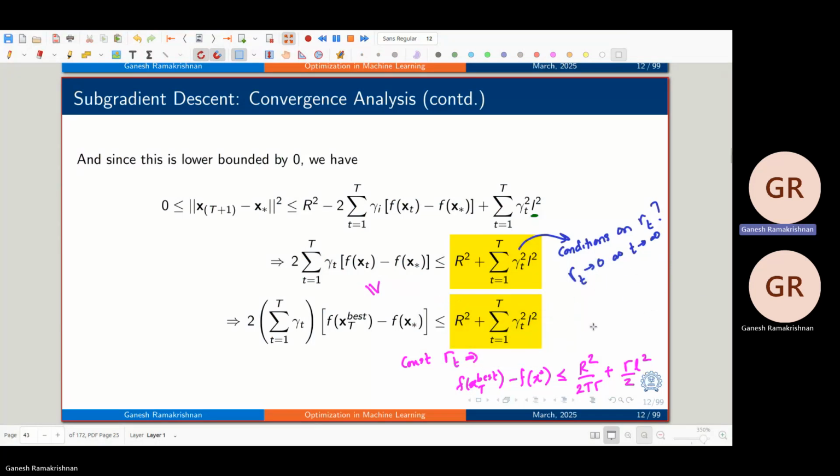What else do you want? The summation should be bounded. But here you're dealing with summation of gamma square, and that should be bounded. Do you need the summation of gammas to be bounded? Not necessarily, right?